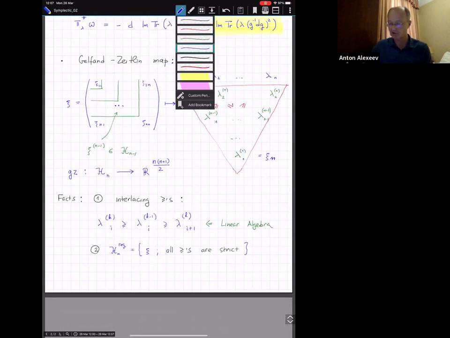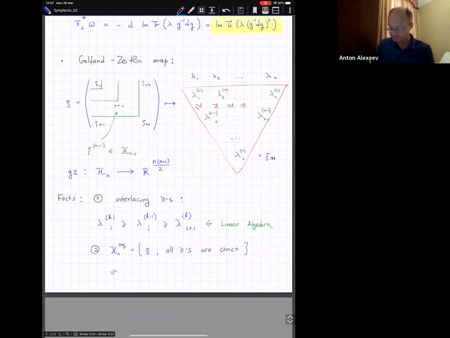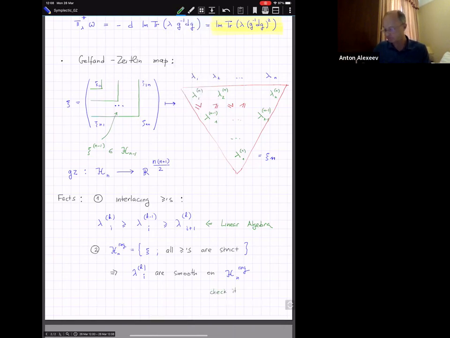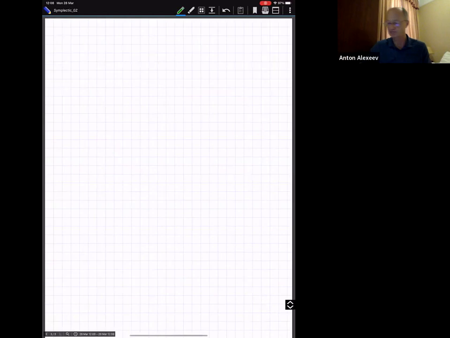So it turns out that then the functions lambda k i on that set are smooth on this set. And otherwise, they have singularities. So maybe a simple exercise: check it for n equal 2.